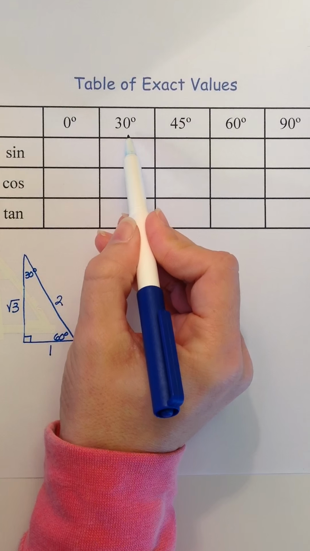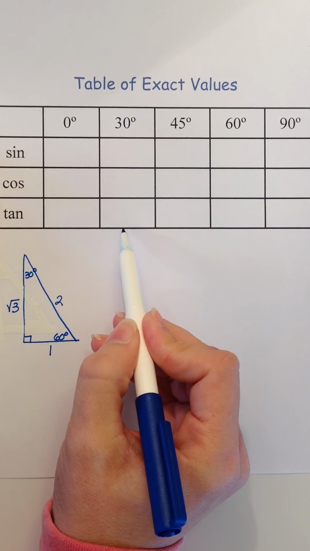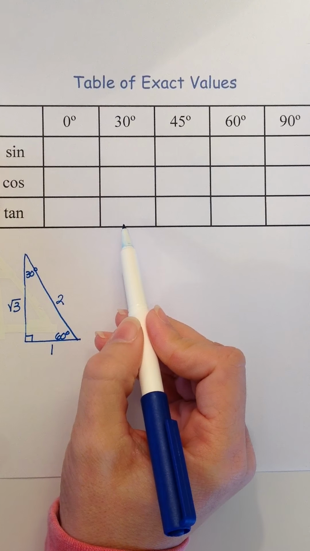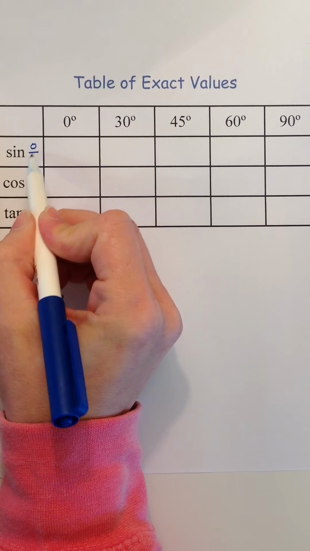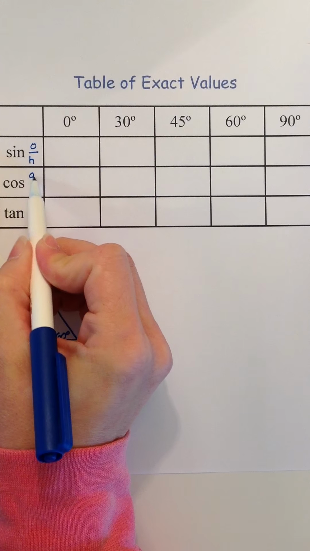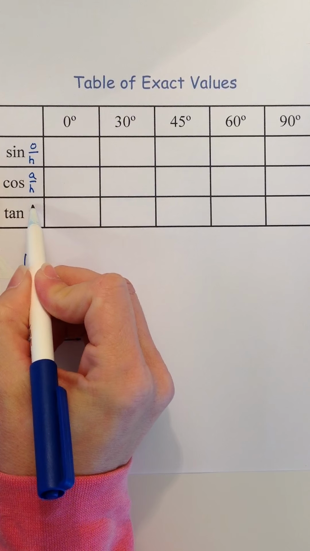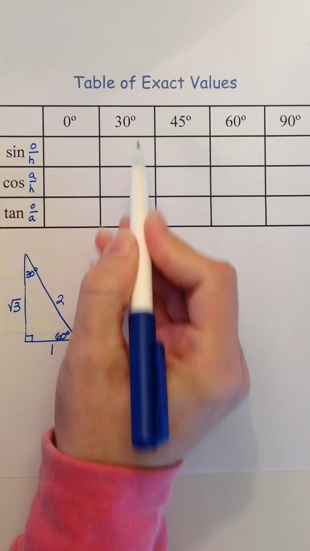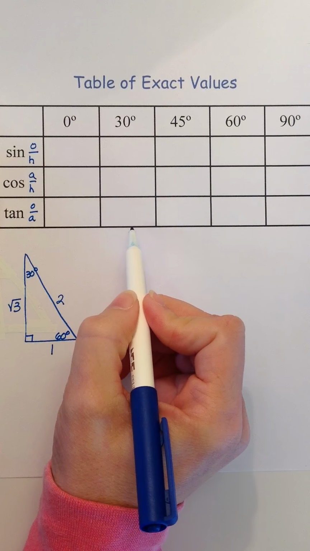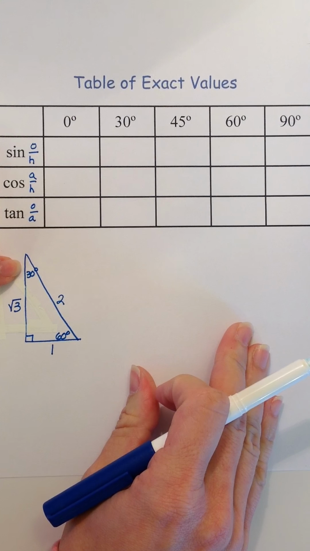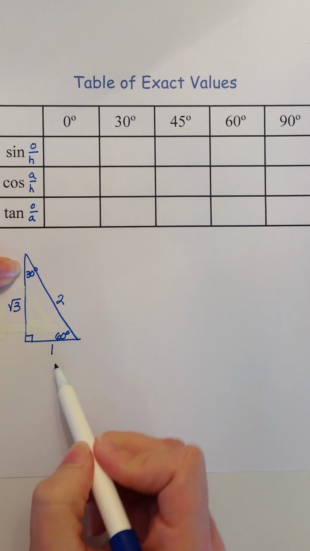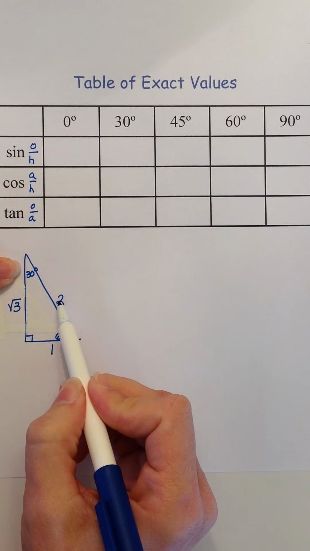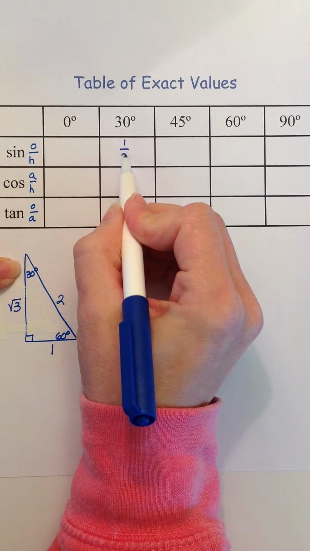Alright, so I'm going to come down and fill in this column. Now this goes back to opposite, adjacent, and hypotenuse. Sine is opposite over hypotenuse, cosine is adjacent over hypotenuse, and tangent is opposite over adjacent. So from the 30 degree angle, up here at the top, your opposite would be 1, hypotenuse would be 2, so that value is going to be 1/2.